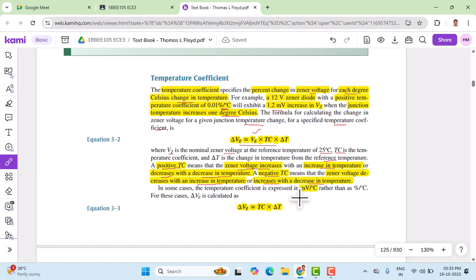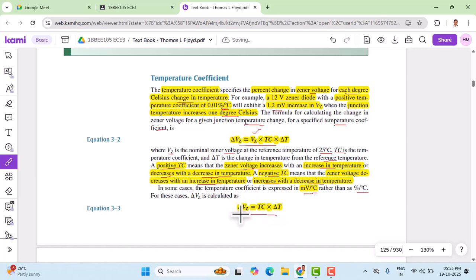In most cases, we give the temperature coefficient as 0.01 percent per degree Celsius. But in some cases, the temperature coefficient is expressed as millivolt per degree Celsius rather than percentage per degree Celsius. For these cases, the formula has a small change.